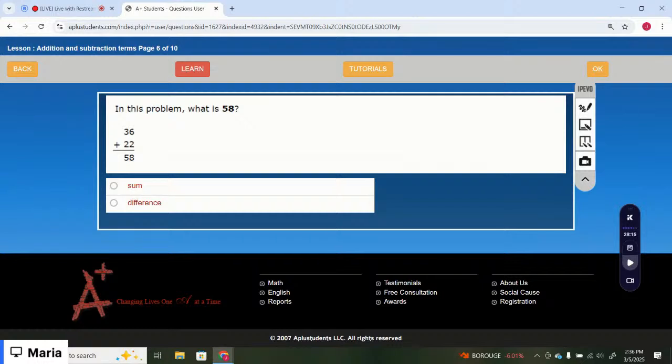In this problem, what is 58? Fifty-eight is a sum of 36 and 22.